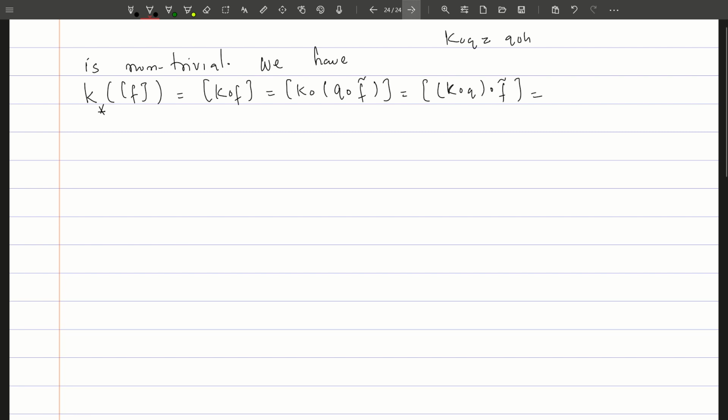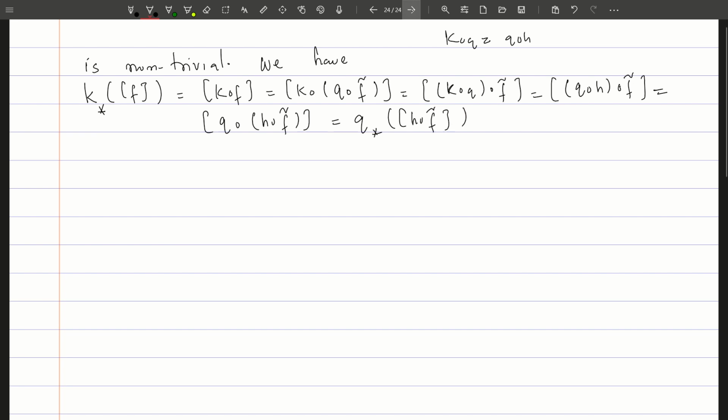So this will be the homotopy class of q composite h composite f tilde, and by associativity, this will be the homotopy class of q composite h of f tilde, and this is q star of the homotopy class of h of f tilde.